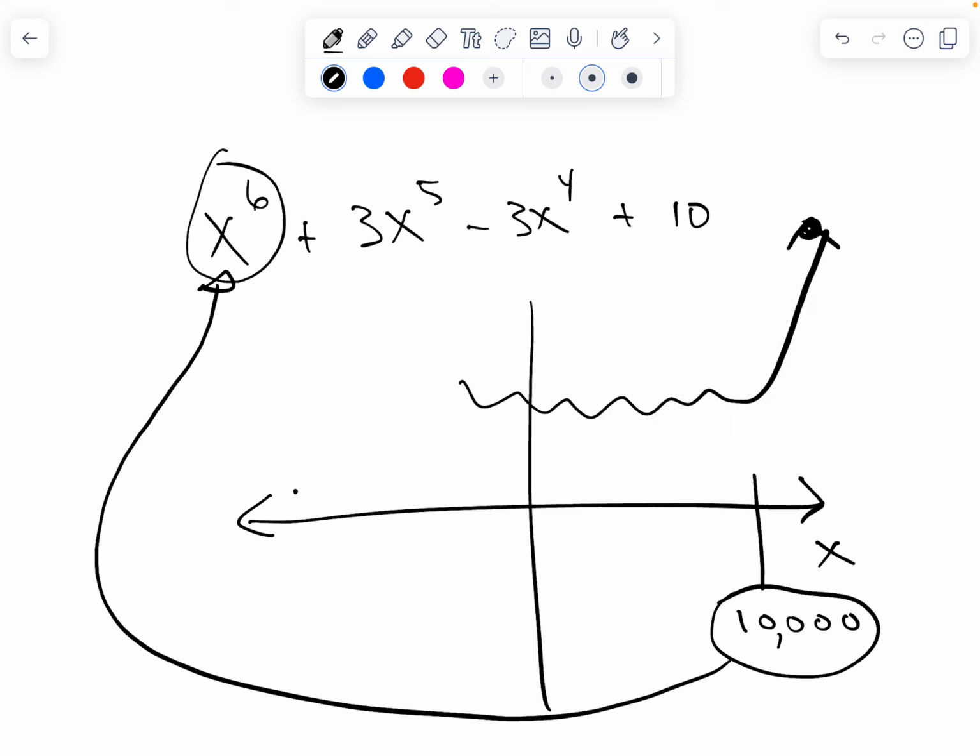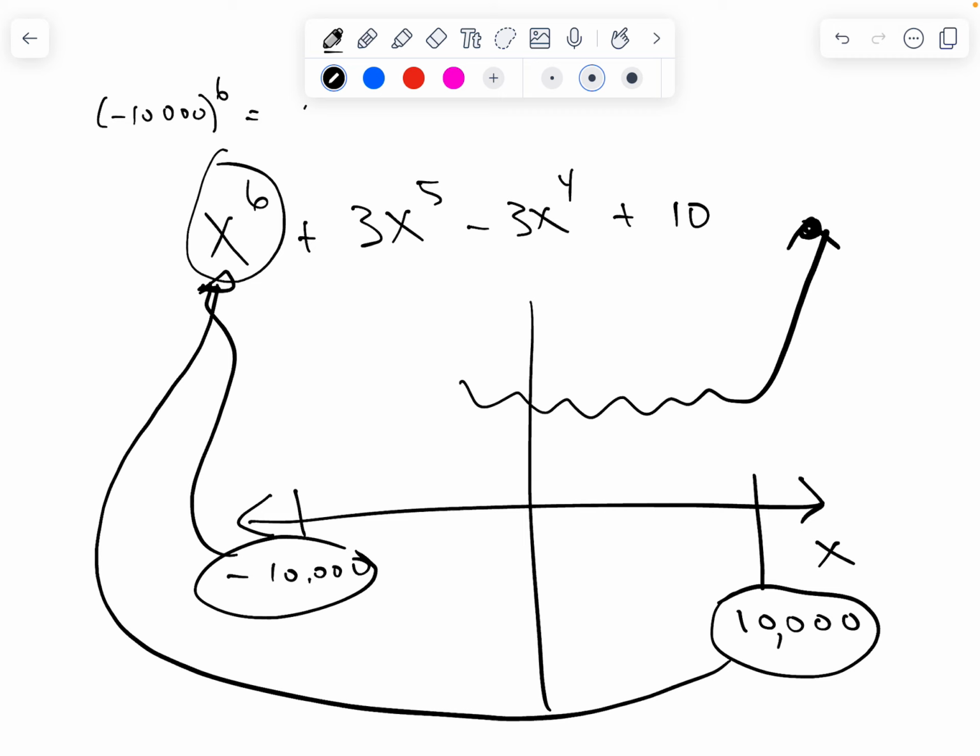Now, what about this number right here, which is negative 10,000? If we get negative 10,000 and plug it into the equation, this one we have to think about a bit more carefully. Negative 10,000 to the 6th power. Well, that's going to be negative 10,000 times negative 10,000 times negative 10,000, negative 10,000, negative 10,000, negative 10,000.